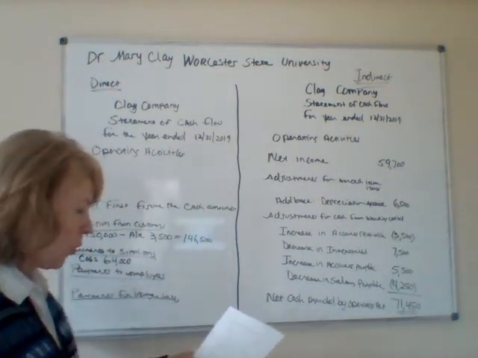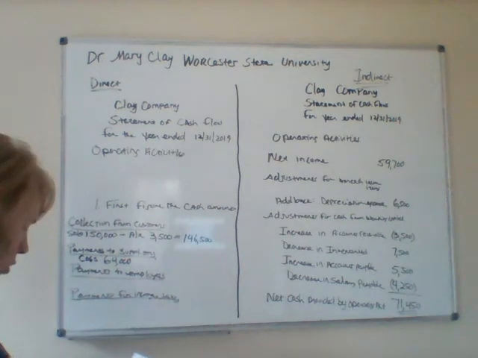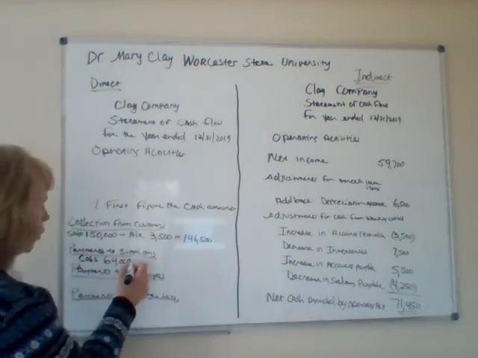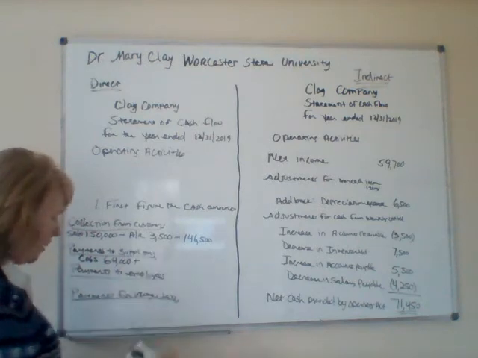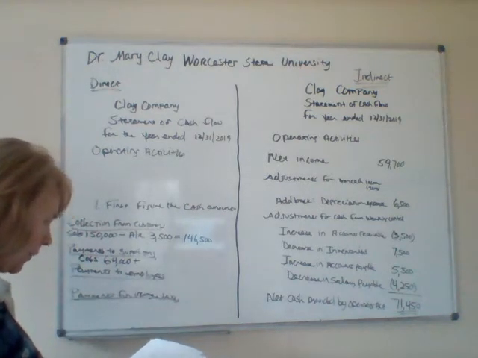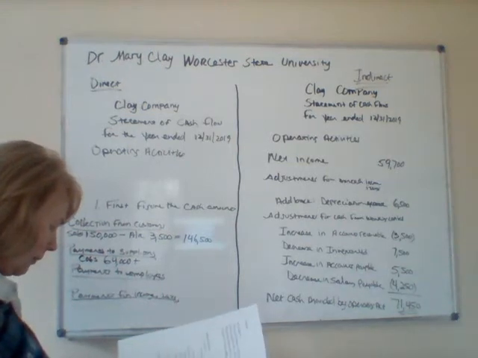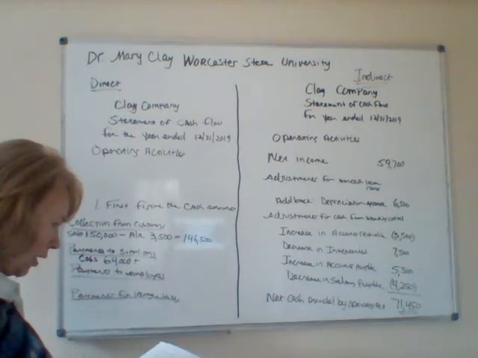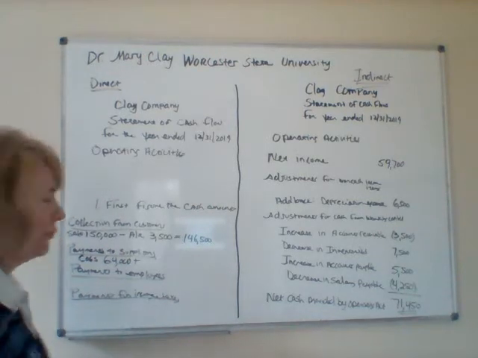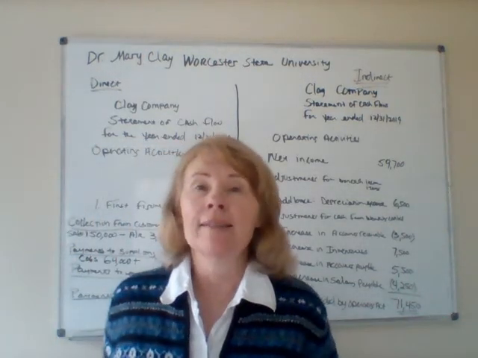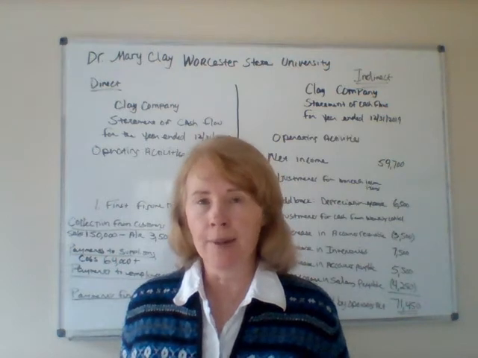All right, inventories decreased, so it's going to have the same rules as the indirect method, inventory is a current asset. Okay. All right, this is a payment to a supplier.